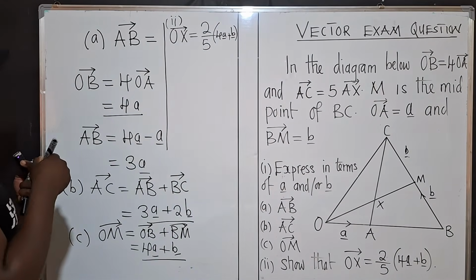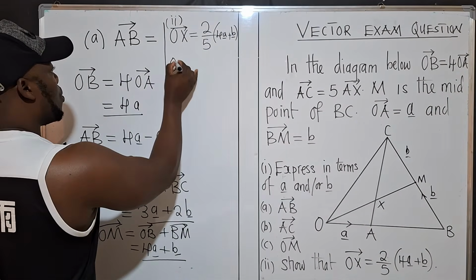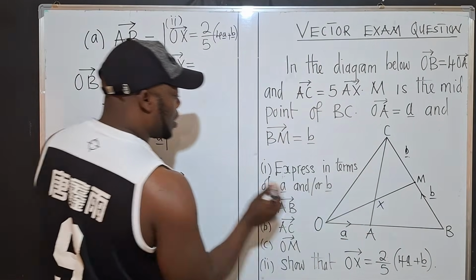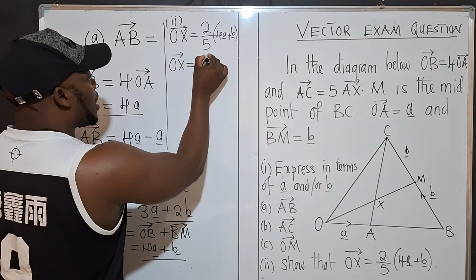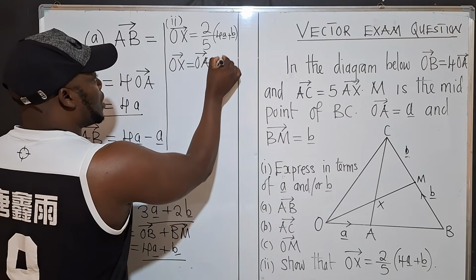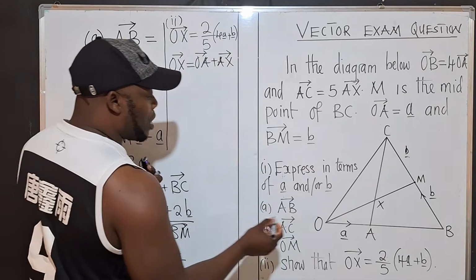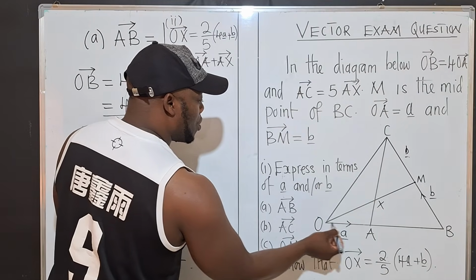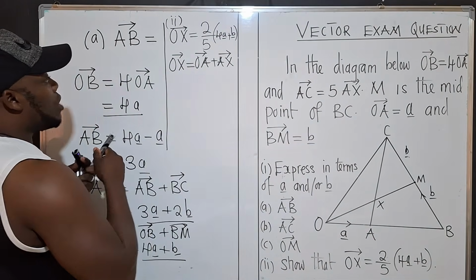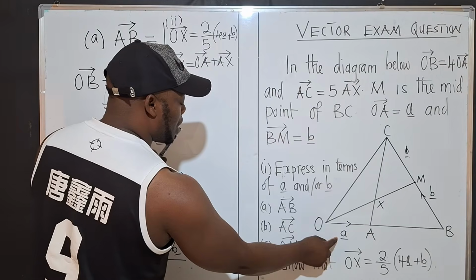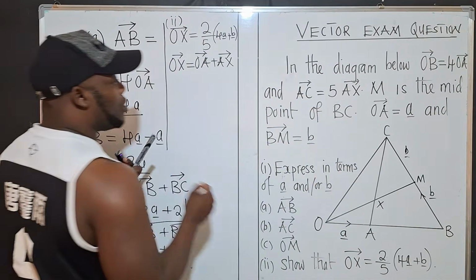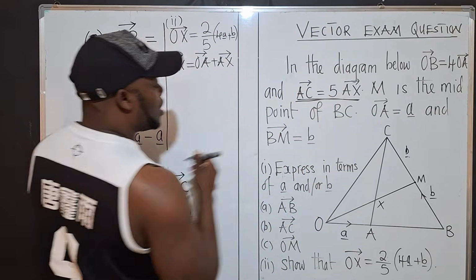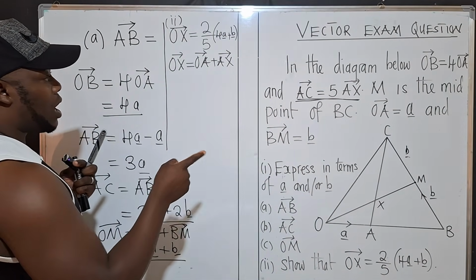What we can do here is say OX is equal to OA plus AX. Remember, it's all about direction. If you're at O and you want to go to X, you can move from O to A to X. Do we have OA? Yes, it's a. What about AX? We don't have it, so we take advantage of this statement to find AX.